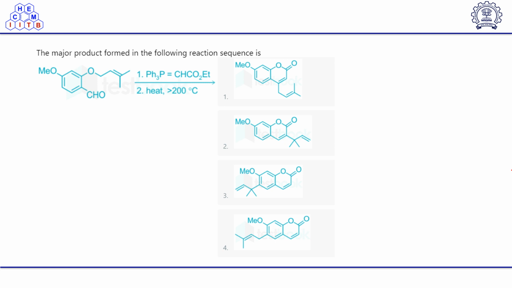So first is PPh3=CHCO2Et and then heating at 200 degrees Celsius. So which is the correct answer in these four options?